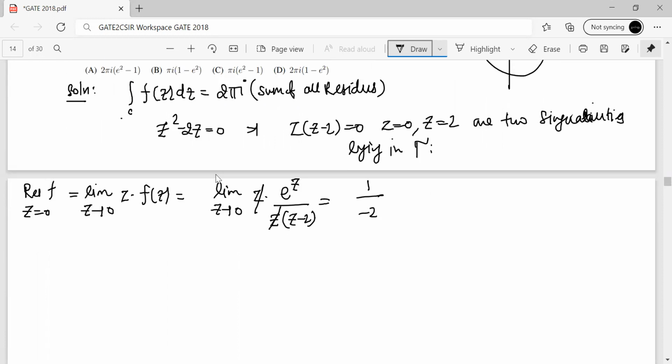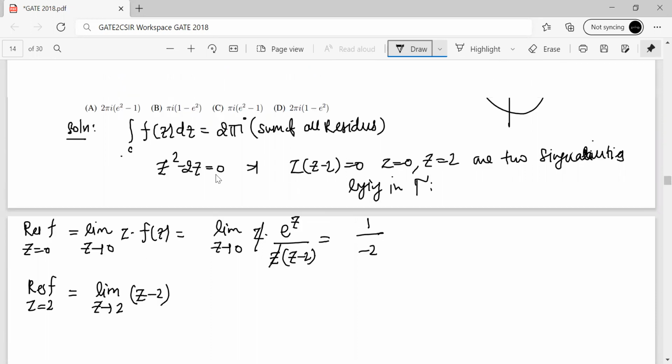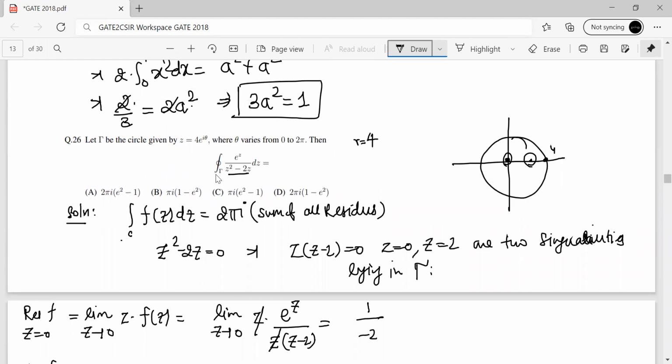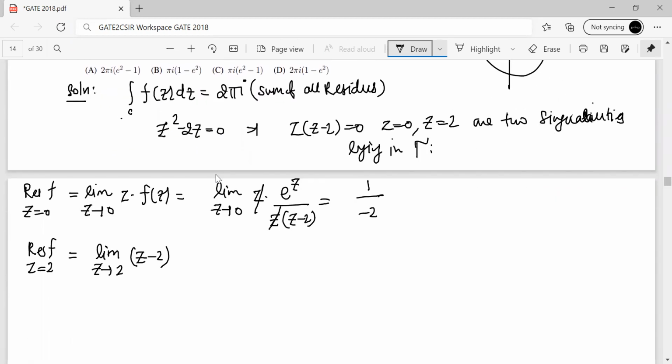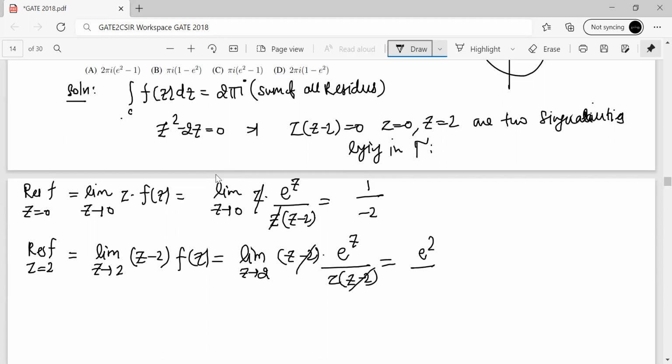So I got residue 1 as minus 1 over 2. Then the residue of f at z equal to 2 will be limit z tends to 2 of z minus 2 times e power z upon z into z minus 2, and since they are simple poles, all of order 1, there is no need to worry. This part goes away, and you get e power 2 over 2.